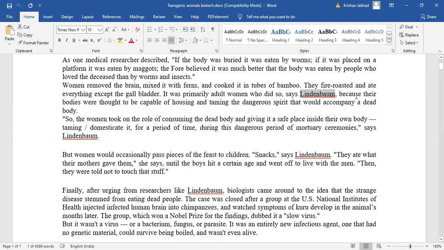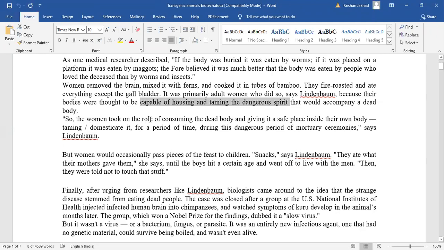Their bodies were thought to be capable of housing and taming the dangerous spirits that would accompany a dead body. It was believed that women could house those evil spirits in their bodies and give them a place.